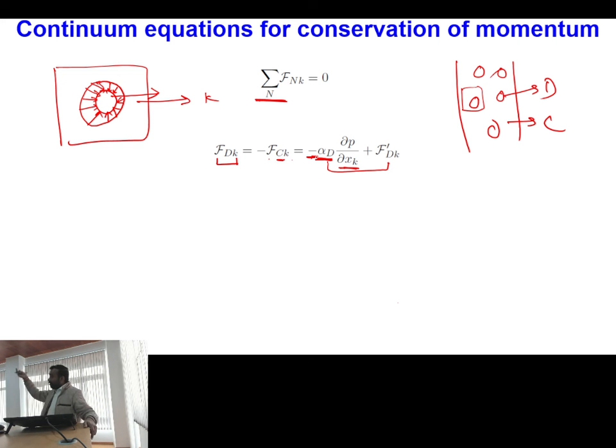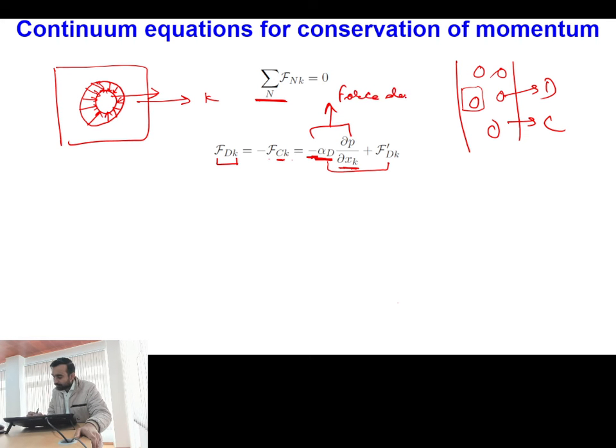If you recall Pascal's law in basic fluid mechanics, the pressure force acting on a body is equal to minus of gradient P. So del P by del X K represents gradient P, and because we are accounting only for the dispersed phase, I am multiplying it with the volume fraction alpha d. It means this is the force due to pressure on the dispersed phase, and in other words, I can call this my form drag.